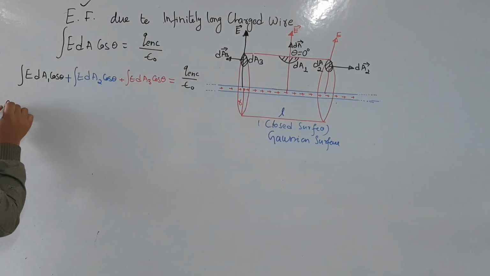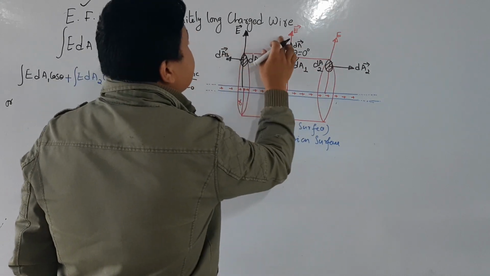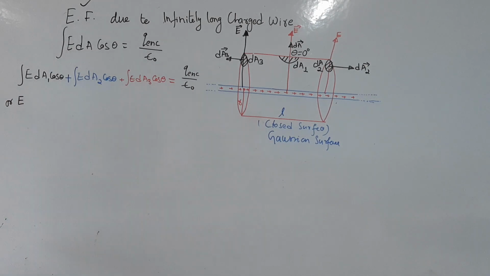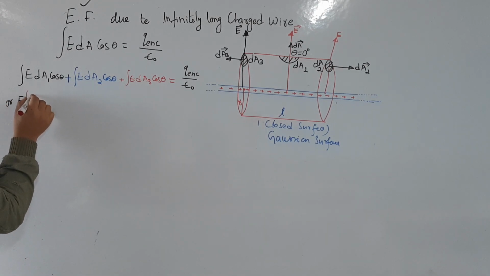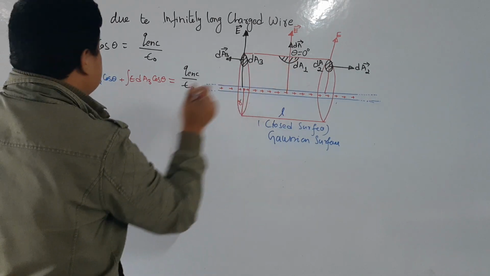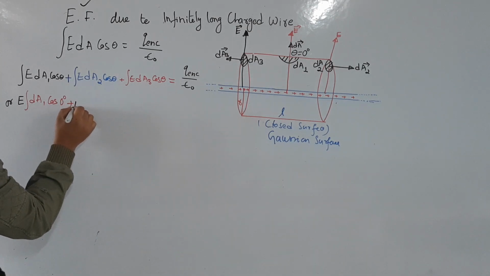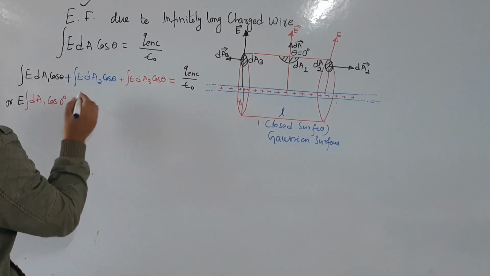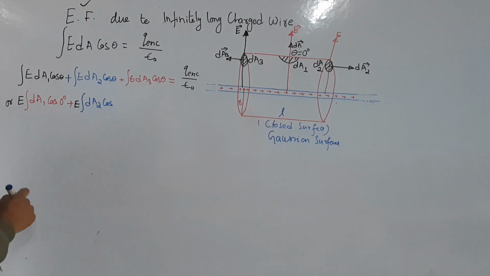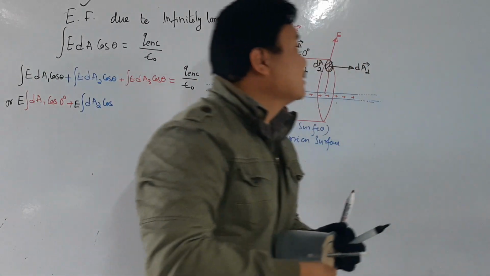In the next step, at each and every point the electric field is the same, or constant. So I will take this electric field outside and integrate dA1 cos, how much is theta? It is 0 degree. Then plus, again I will take this E outside, then I integrate dA2 cos, how much is the angle? Here for dA2 the angle is 90.